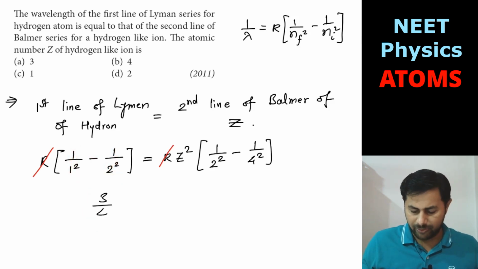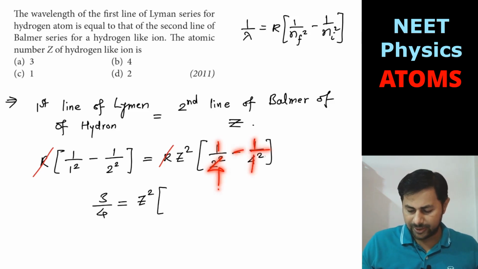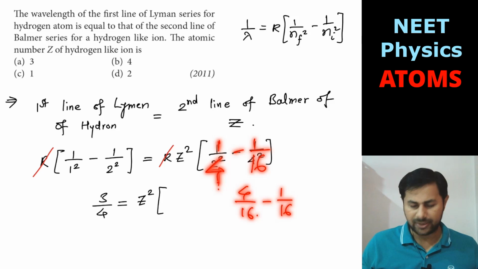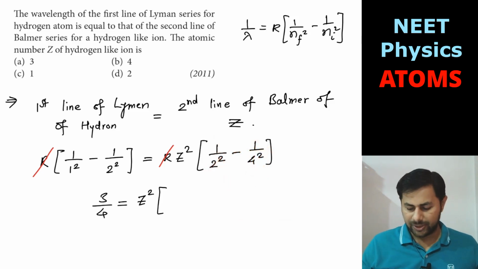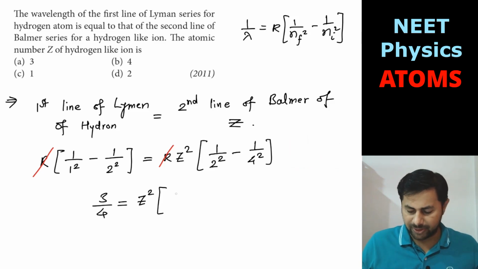So 3 by 4 is equal to Z square times 1 by 4 minus 1 by 16. 1 by 4 means 4 by 16, and 4 by 16 minus 1 by 16 is 3 by 16. So Z square times 3 by 16.